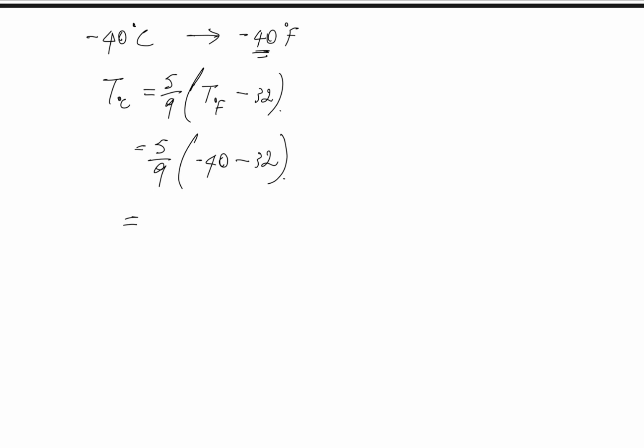This will give us minus 72 times 5, so this is going to be 5 times 72 divided by 9. And when we punch into a calculator the actual numbers, what we find is that this is actually minus 40.